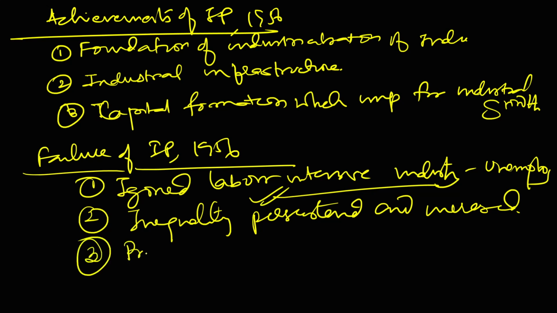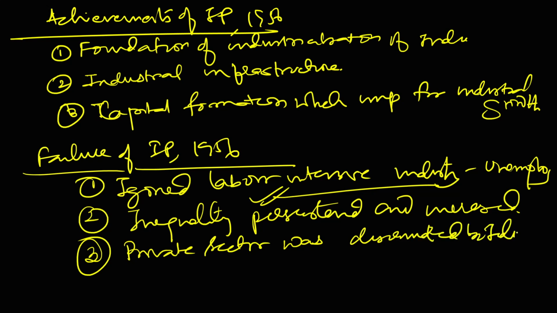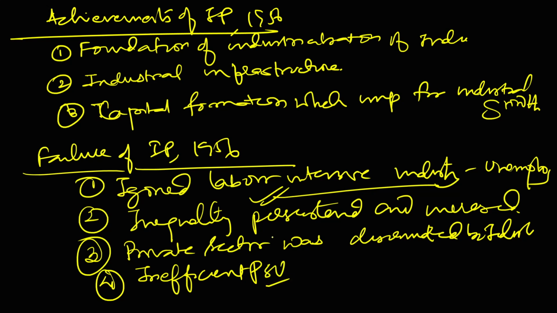Third, the private sector was discriminated against because of industrial licensing. Fourth was inefficient PSUs. The PSUs were not very efficient; there are various problems in the PSU sector.